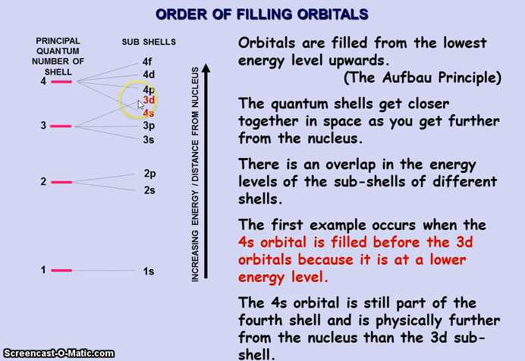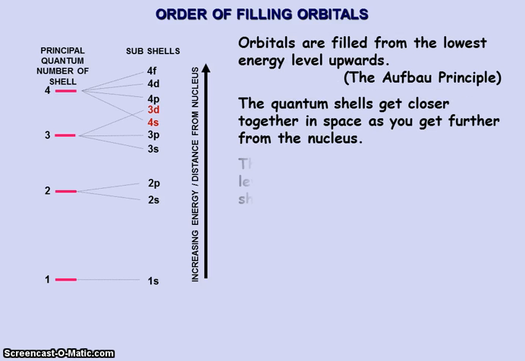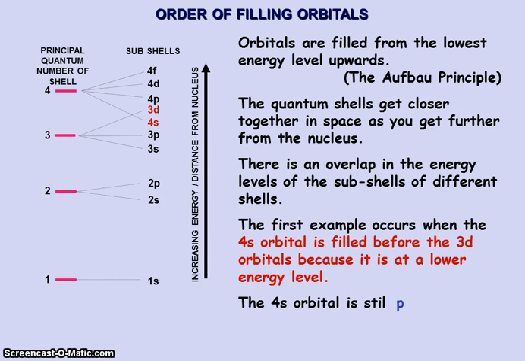We see that when we're thinking about the periodic table, the s block in the fourth period, or the fourth energy level, comes before the 3d elements. So, the order of filling the orbitals.